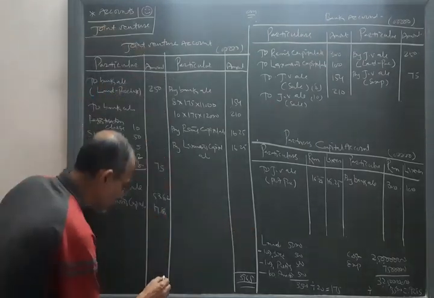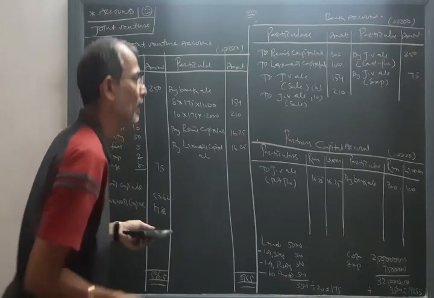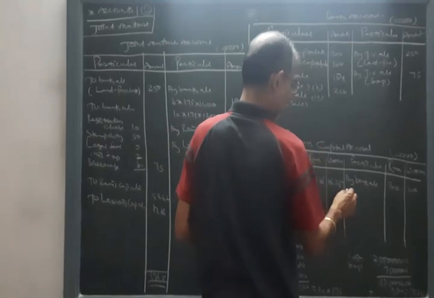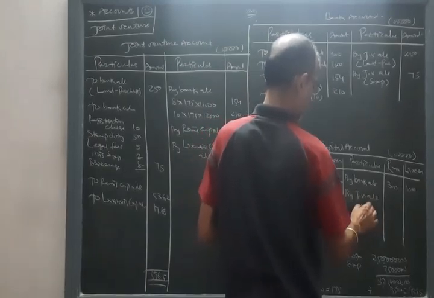Now the 396.5 will be written on the credit side of their capital accounts by the joint venture account.